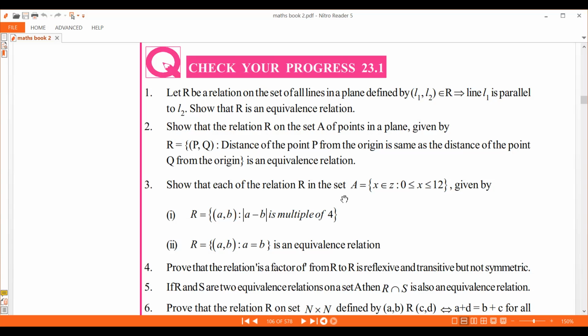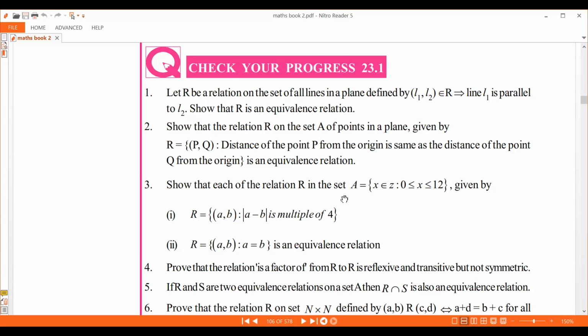Transitive means you have to take 3 lines. L1 is parallel to L2, and L2 is parallel to L3.